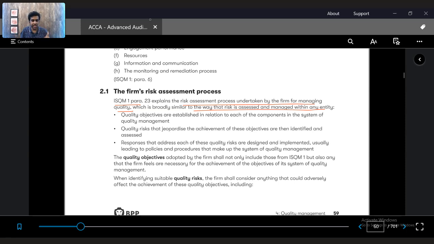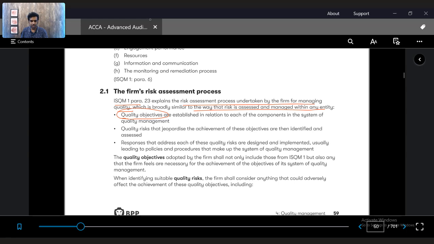So firstly, for identification of any risk, you need to have quality objectives established. So the firm, firstly, is going to establish quality objectives. Now, what are the quality objectives?